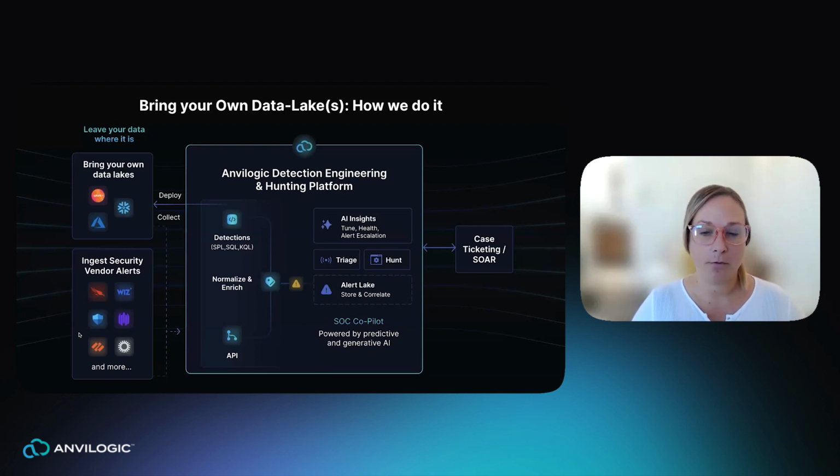We're also going to be able to ingest through API all of the vendors that are creating other alerts and bring it into Anvilogic, where the detections are going to be done for you, normalized and enriched. So you're not having to hire people that are code or tools experts.